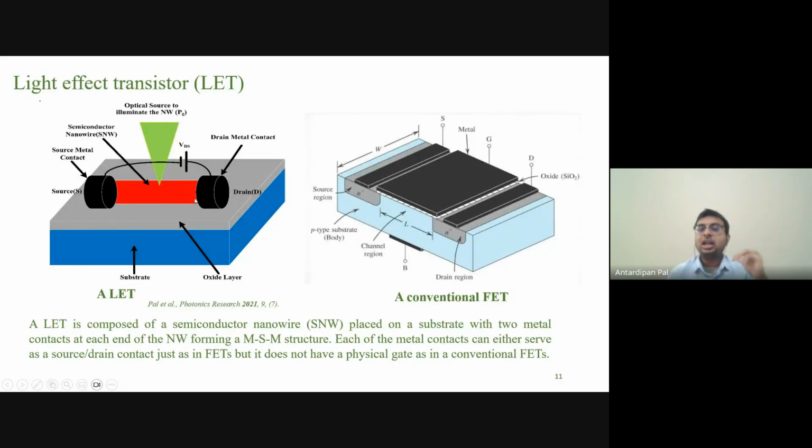Carriers can tunnel. However, if we could have an asymmetric contact, by asymmetric contact I mean, let's say here we have a silicon nanowire, here we have a copper contact, here aluminum. I don't remember exactly what materials give asymmetric contact, but the work function has to be different, right?